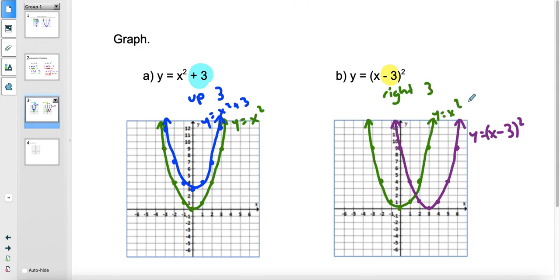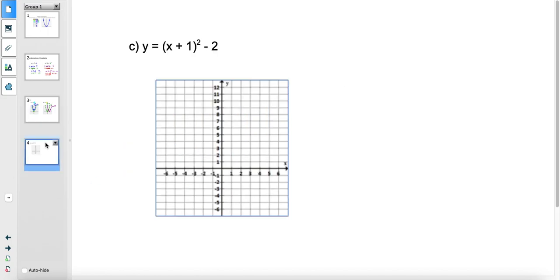So all I'm doing here to graph my new functions is starting off by graphing y is equal to x squared and then identifying the transformations to help me graph the new function. Let's take a look at one more example. y is equal to (x plus 1) squared minus 2.